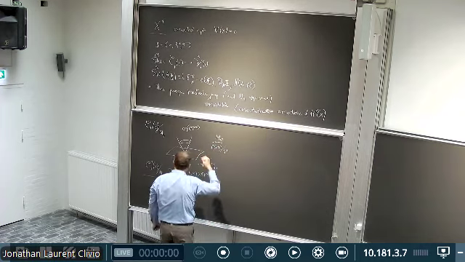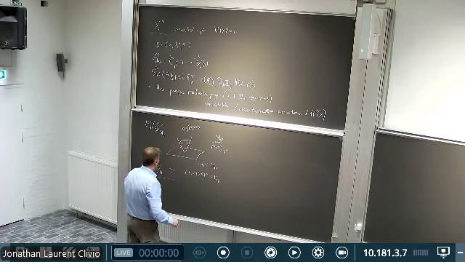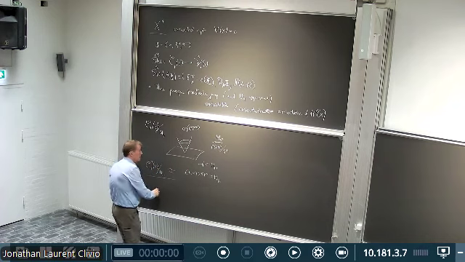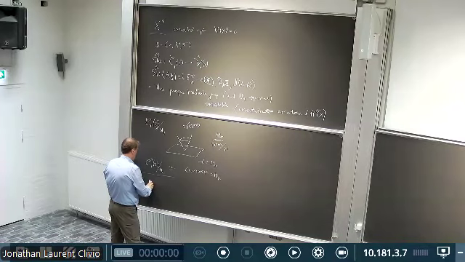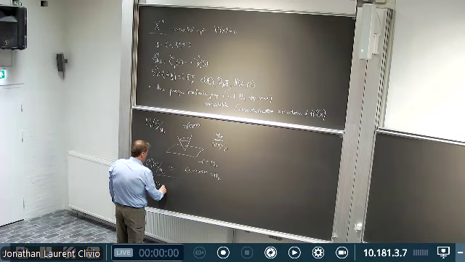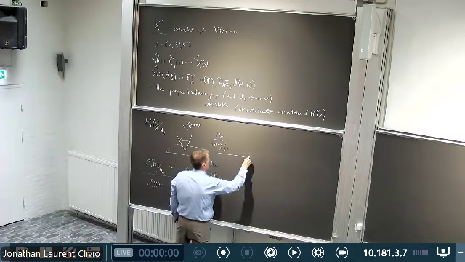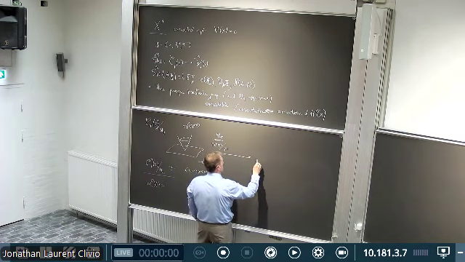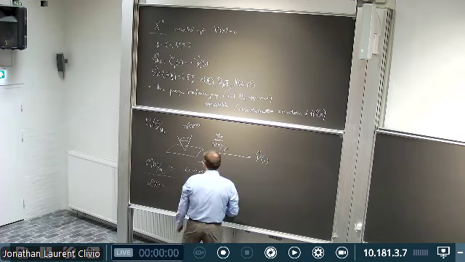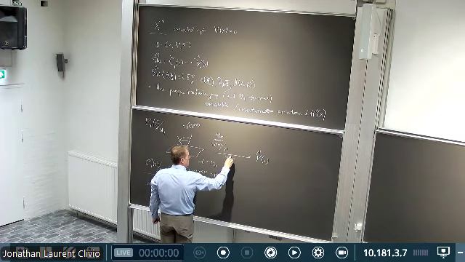Okay, and then we observe that all this stuff is mapping to V of S under the Seiberg-Witten map.